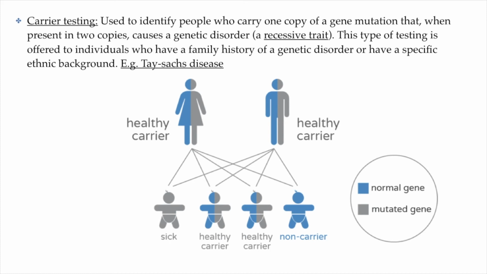And so let's say, for example, they get tested, and if they both happen to be carriers, they would be heterozygous, so they each would have the dominant allele and the recessive allele for the disease.